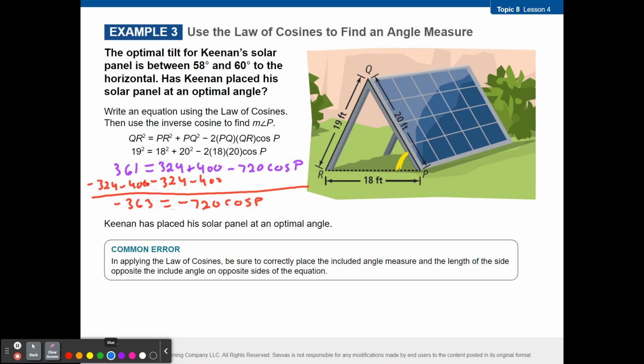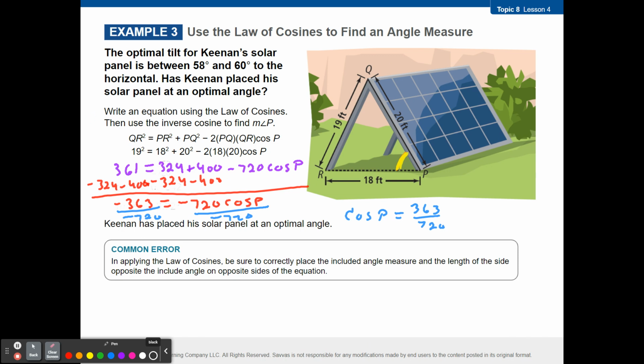Now, to get the 720 on the other side, I can divide. I'm going to divide by negative 720. So now I'm left with the cosine of P equals negative 363 over 720. But remember, I'm solving for the angle.